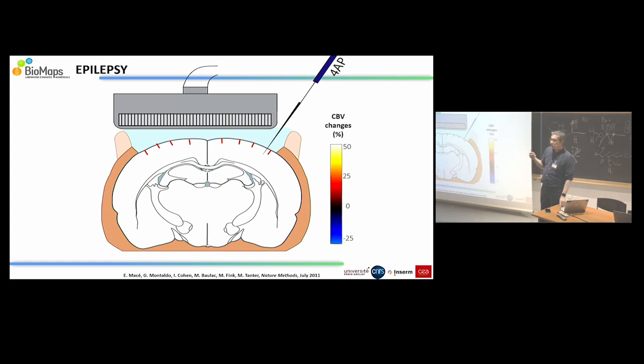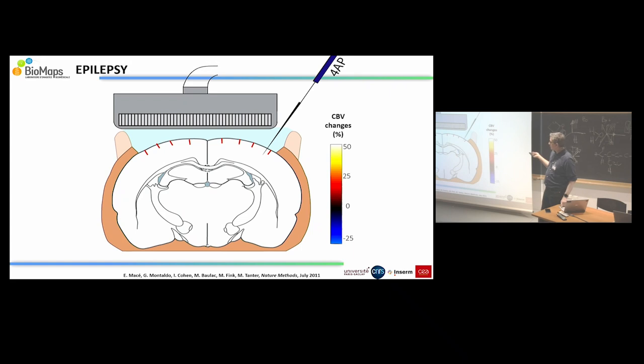This is when you apply the activation by yourself, but you can also follow some pathological effect in the brain. And especially, you can also see how the vascularization changed due to some pathologies. And here, the epilepsy.